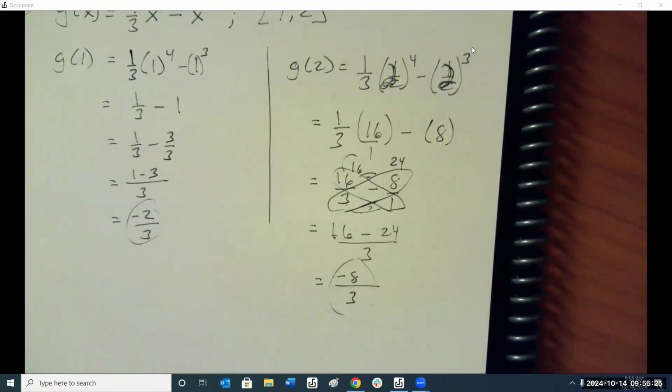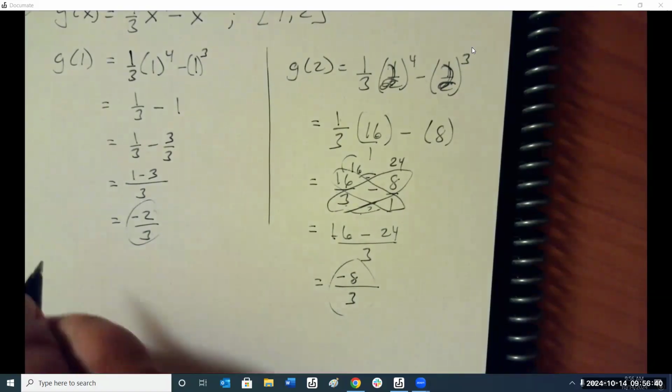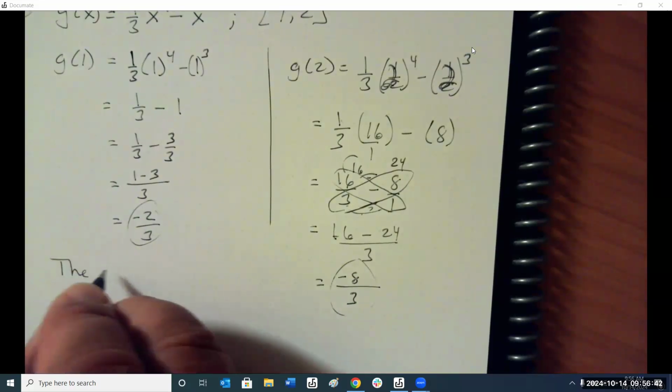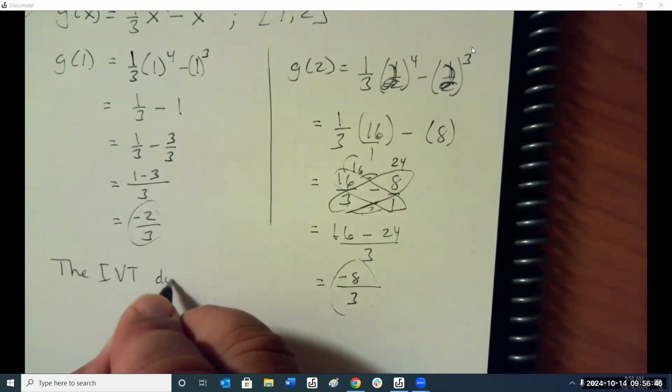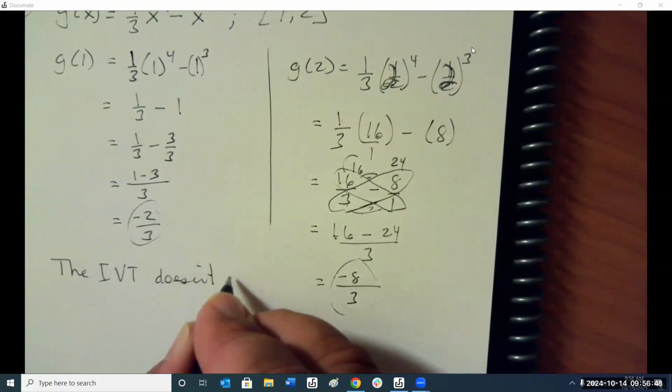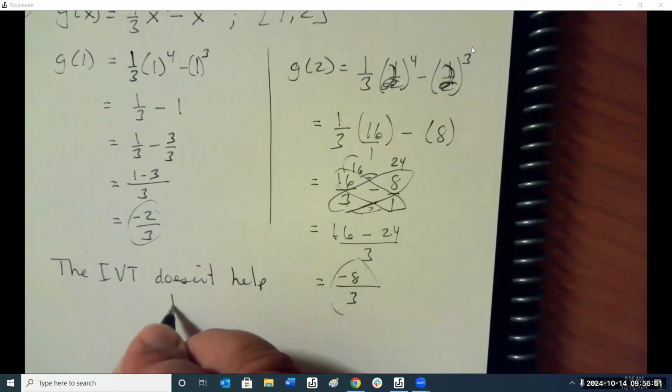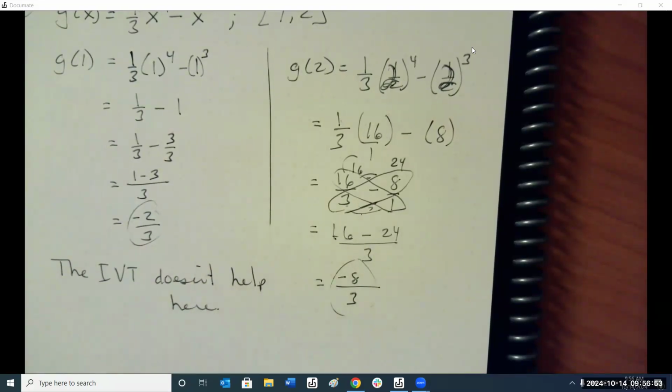So I can't use that rule. The intermediate value theorem won't help me because they're both negative. Intermediate value theorem doesn't help here because they're both negative.